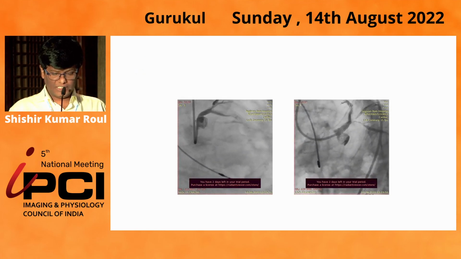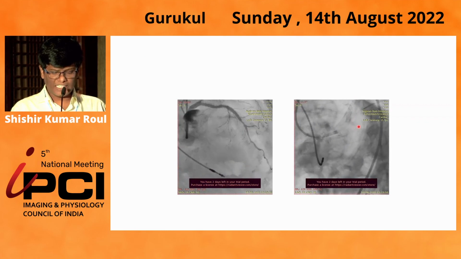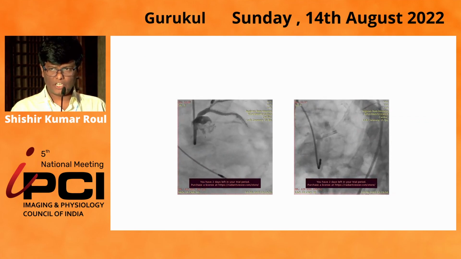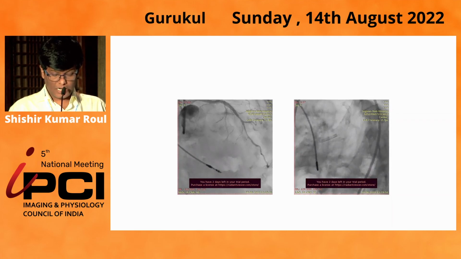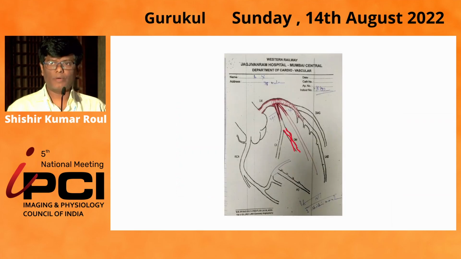Further, there is a big ramus that is also critically diseased. So the ostium of the left main, LAD, circumflex and ramus are all critically diseased.